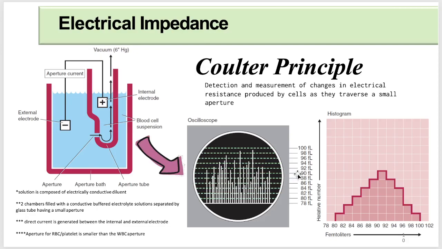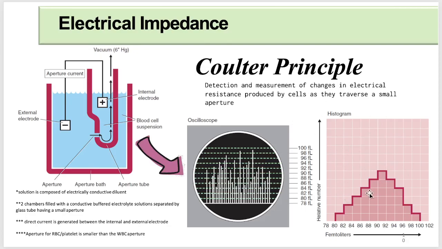So, again, pulses are also collected and sorted according to their amplitude by pulse height analyzers. Then, after that, the data are plotted on a frequency distribution graph or your volume distribution histogram. Meaning, you could also present your data as a histogram with relative number on the y-axis.